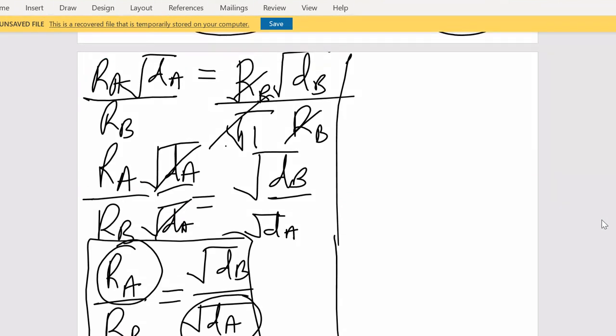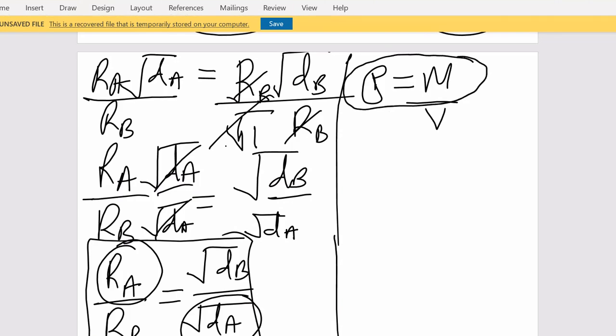We know density is equal to mass over volume, meaning density and the mass are directly proportional, or rather we can say density is directly proportional to the molecular mass.